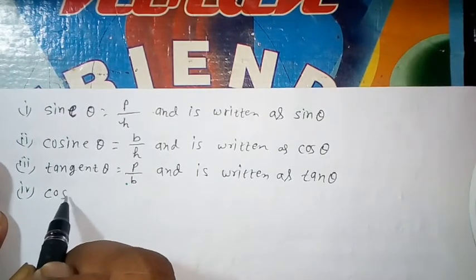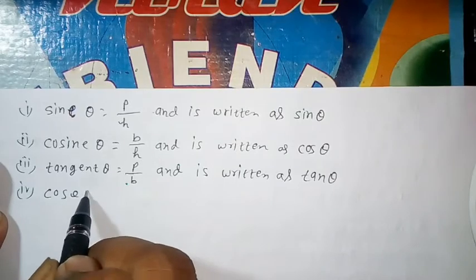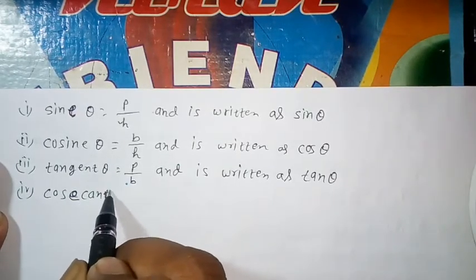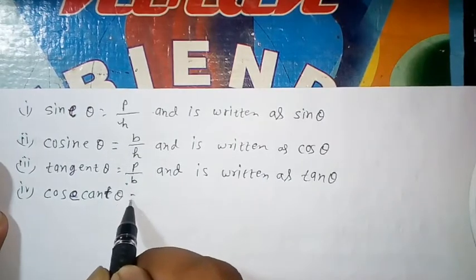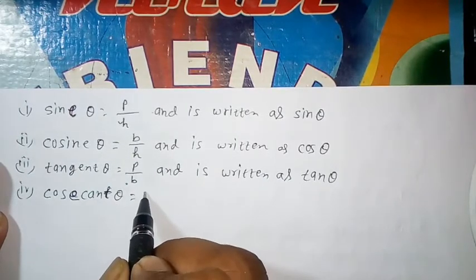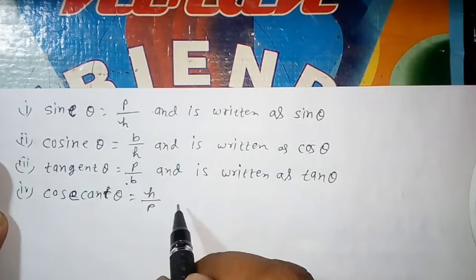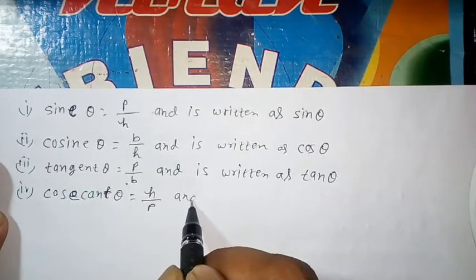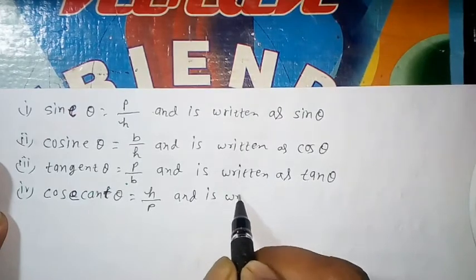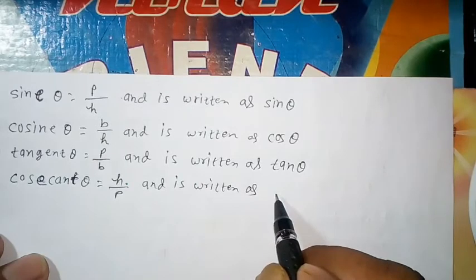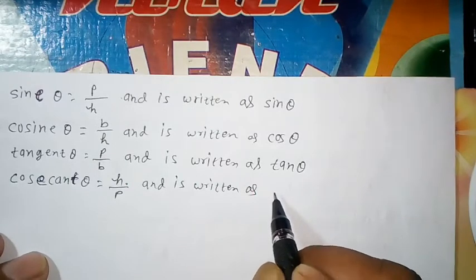Fourth, cosecant theta is equal to hypotenuse by perpendicular, and is written as cosec theta.